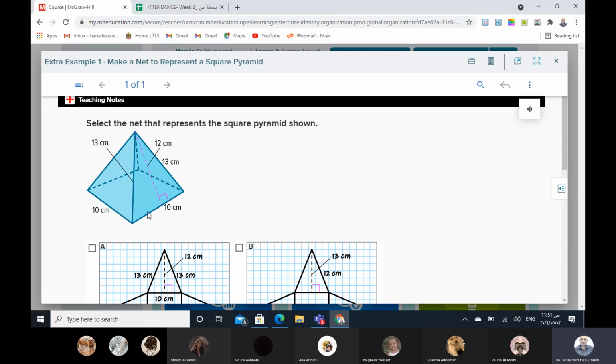So the square, as you remember, is a regular polygon, and always when the base is a regular polygon, the pyramid has 4 congruent lateral faces. Means this triangle equals this triangle equals this triangle equals this triangle.